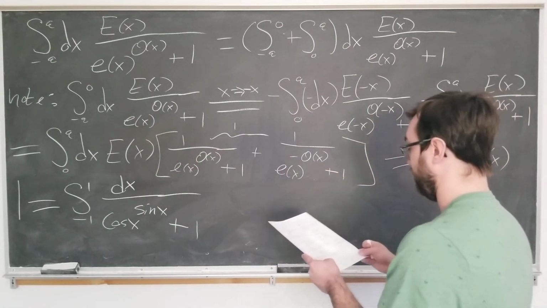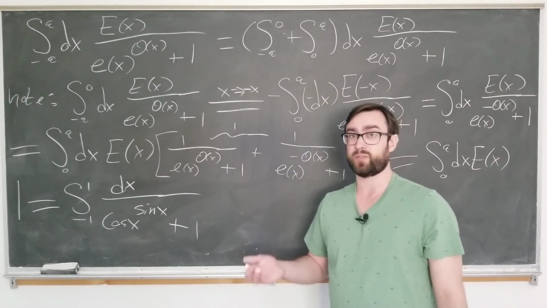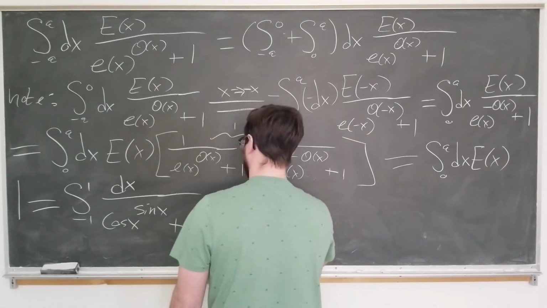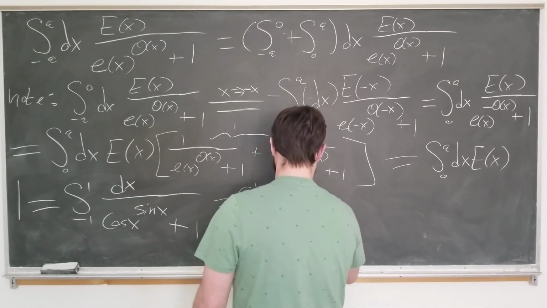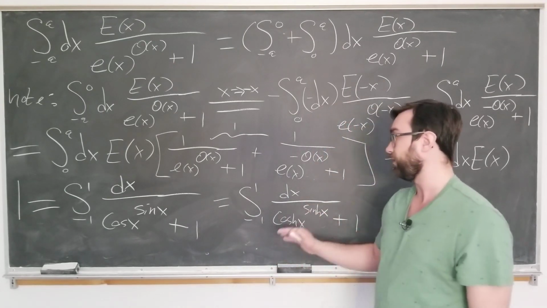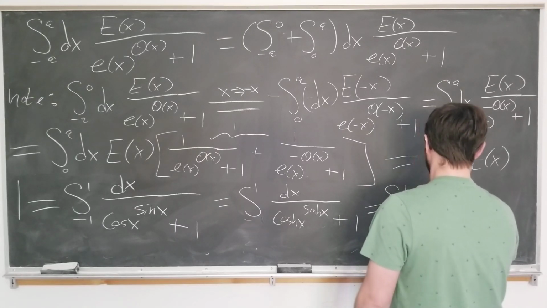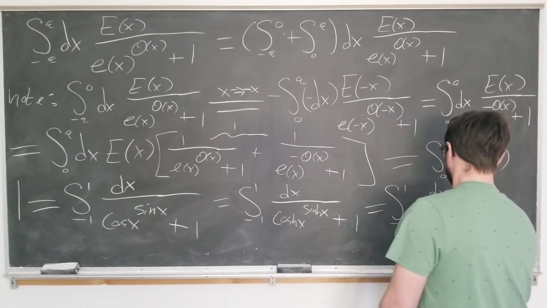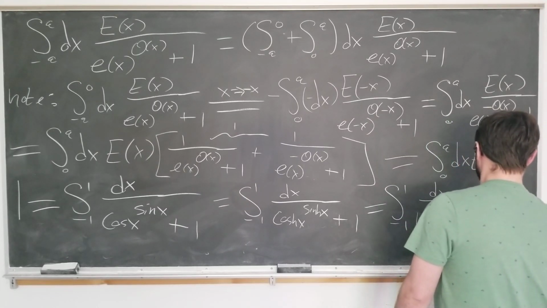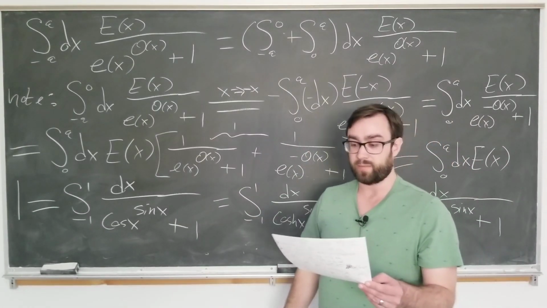And you can also do interesting things like replace this with their hyperbolic version, since those have the same parity. Do cosh x over e to the sinh x plus 1. And you can also put the good old x squared function here in the denominator, which is also equal to the integral from minus 1 to 1 with respect to x of x to the 2n over e to the sine x plus 1. Lots of crazy things, really. Like I said, only limited by your imagination.